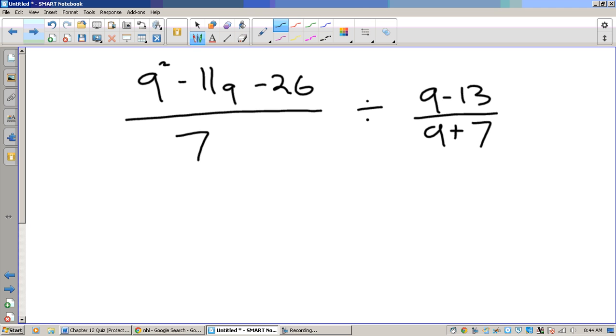Those q's look like 9s. Okay, what do I do first? Yell it out! Same change opposite. Good.